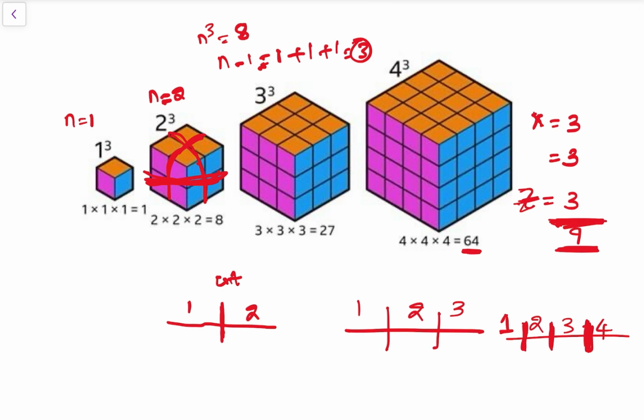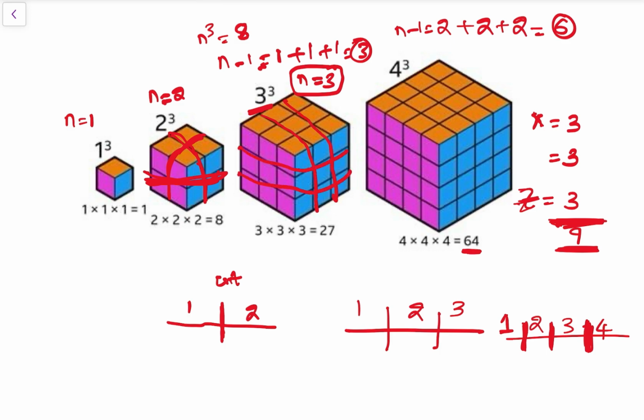And similarly, now n is equal to 3 here. So we make n minus 1, that is 2. 2 plus 2 plus 2, that is 6 cuts. See, 1 cut, 2 cuts, 3 cuts, 4 cuts, 5 cuts, and 6 cuts. So total 6 cuts will give us 27 cubes. Now count the cubes, right?